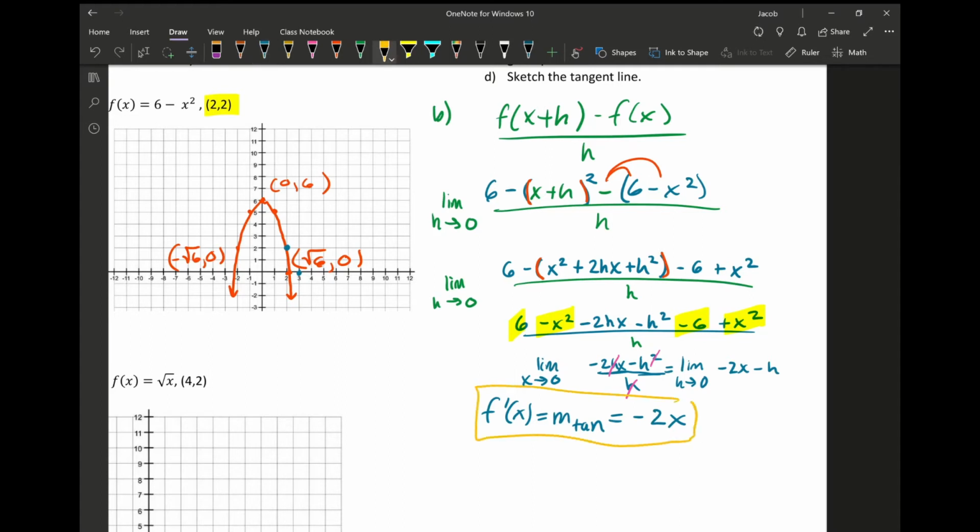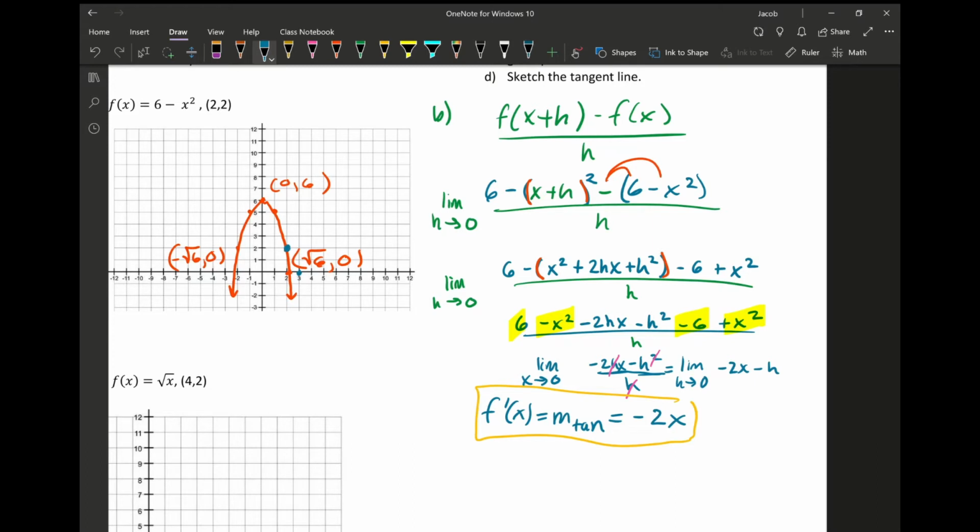That means if we were to plug in 2, because remember we care about what's happening at 2, 2, then we could plug in 2 for x and figure out what the slope is.